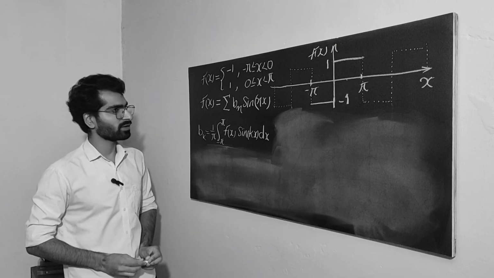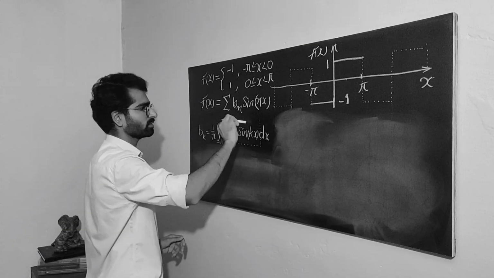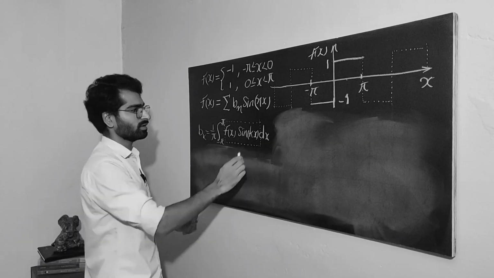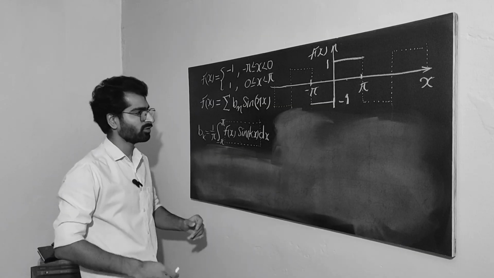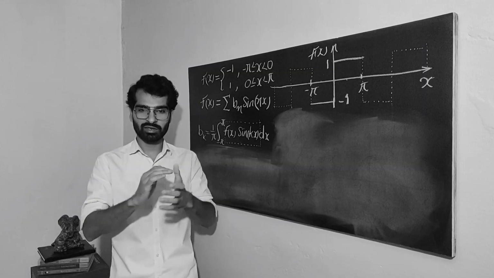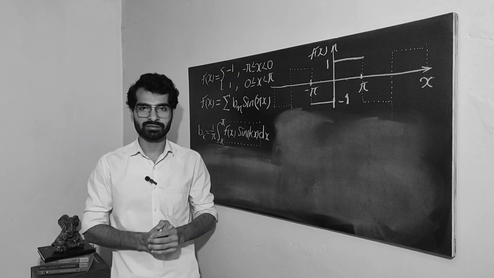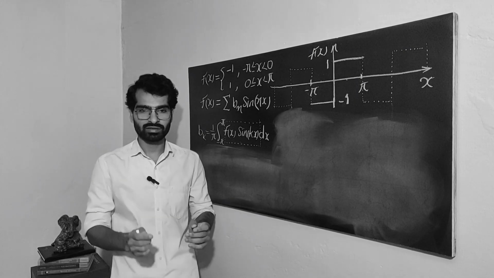But there's one more thing. Focus on this product only for now. This is an odd function and sine waves are odd. Any sine you can pick is odd. When you take two odd functions and multiply them together, they produce an even function. And even functions are symmetric about the vertical axis.